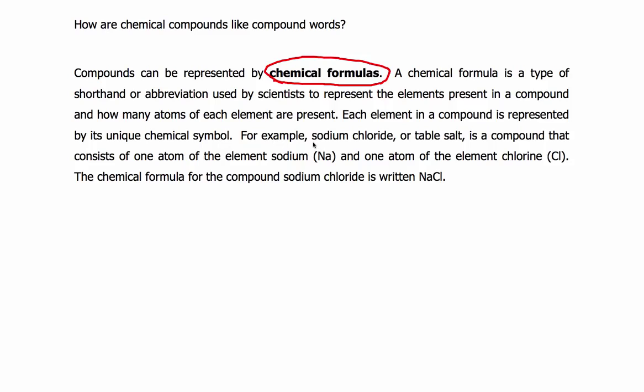For example, sodium chloride, which is table salt, is a compound that consists of one atom of the element sodium and one atom of the element chlorine. The chemical formula for the compound sodium chloride is written like this. So, for example, let me get a different color here.